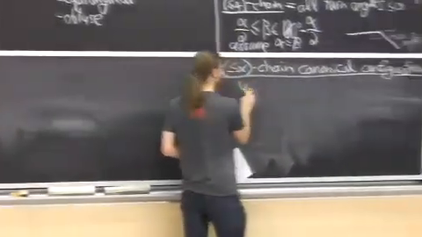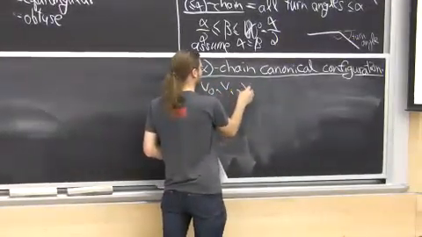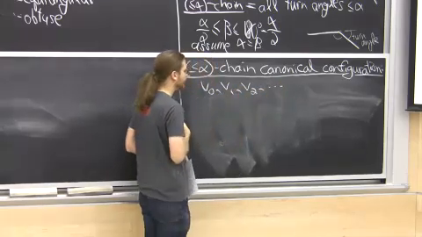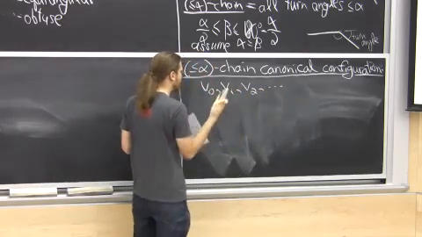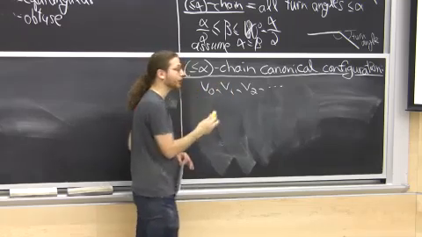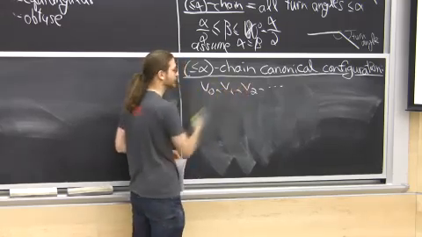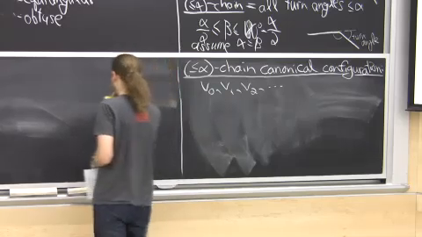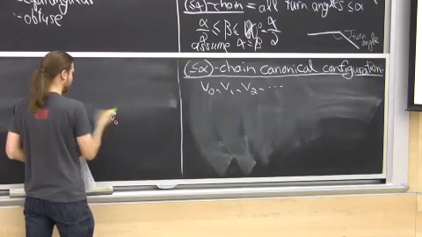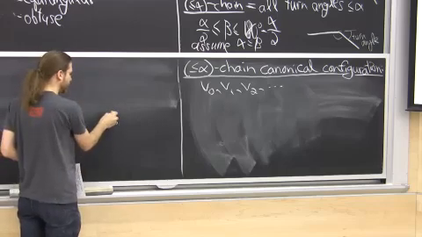So in general, we have some chain starting at V0, V1, V2. I want to define a canonical configuration, and there are defined lengths between the vertices, and there are defined angles between every triple in sequence. So I'm going to start with V0 somewhere. It doesn't really matter by translation. Say the origin of space.